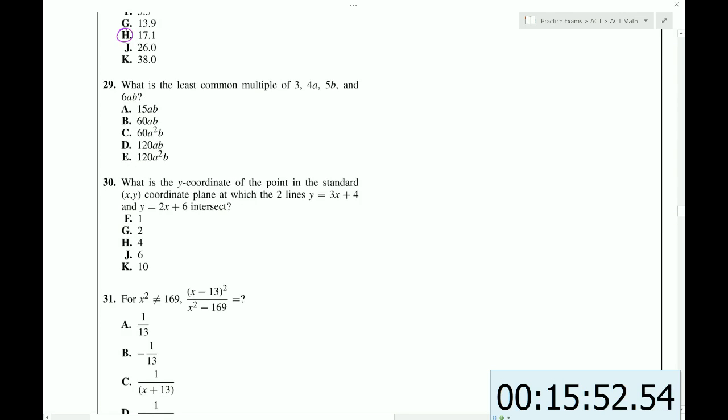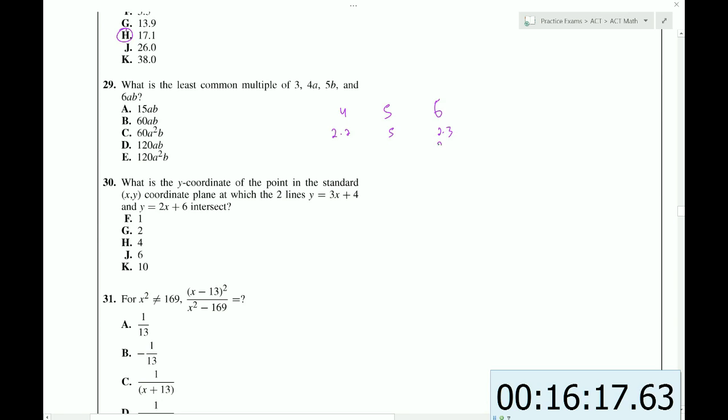What is the least common multiple of 3, 4a, 5b, and 6ab? So let's start with just the numbers 3, 4, 5, and 6. Okay. Let's see. Well, any multiple of 6 is already going to be a multiple of 3. Alright. So this is 2 times 2, this is a 5, and this is a 2 times 3.